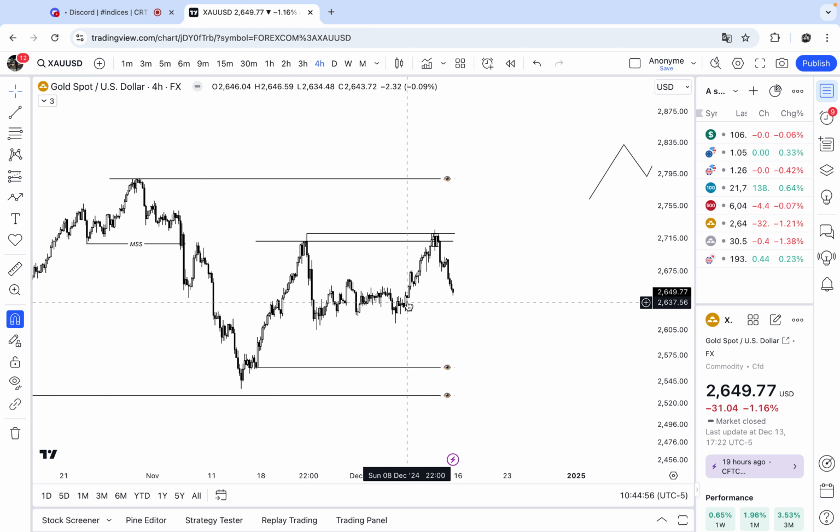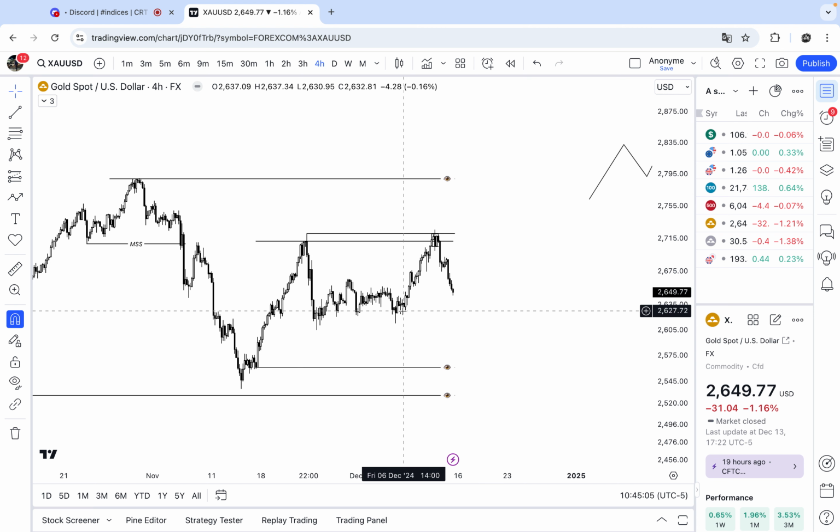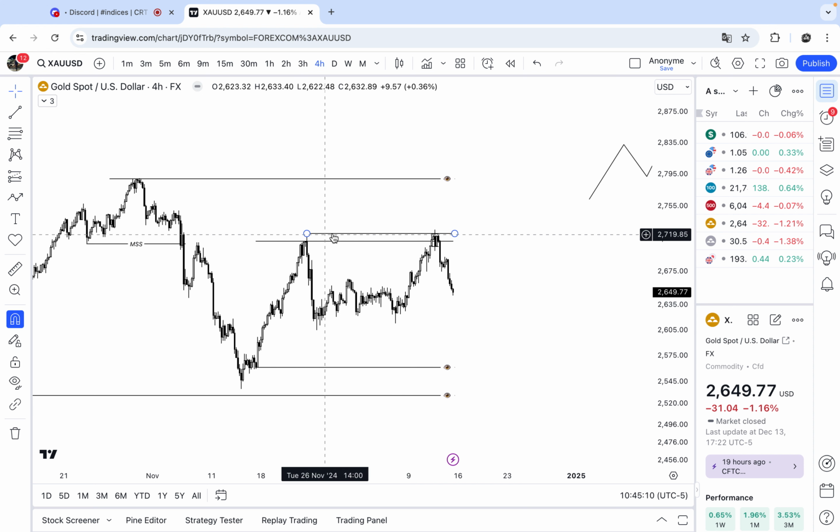Week 1, week 2, week 3. This is classic quarterly theory stuff. So consolidation, manipulation, and then we did not break above this high right here, right?